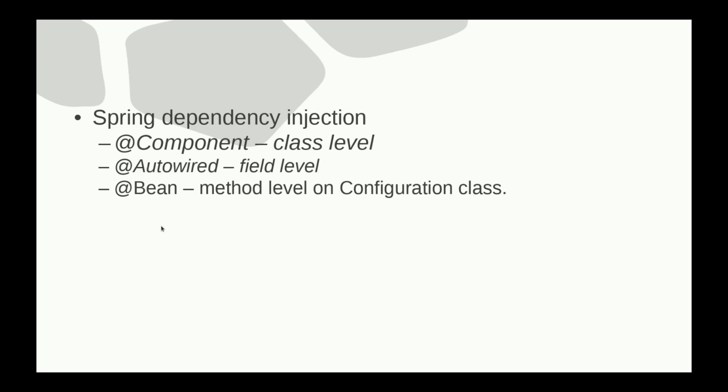And another one is I showed you how to use the @Bean annotation. So you can use it on the method level in any configuration class. Meaning, if you say configuration class, you cannot use @Bean methods in classes that are only annotated with @Component.